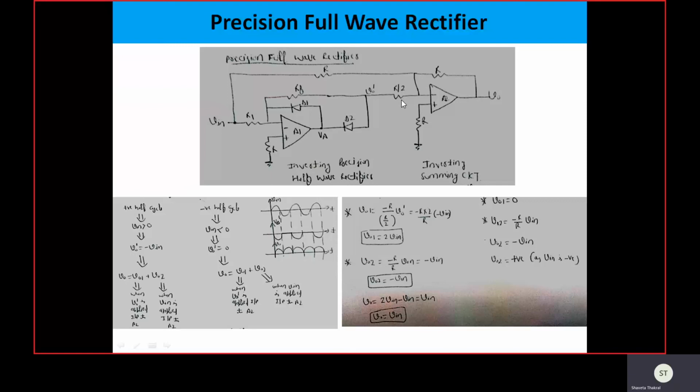This is the input resistance considered as R by 2, and this is the feedback resistance, that is R. And as per the relation, the gain in the inverting operational amplifier is minus of RF divided by R. So V naught is equal to minus of this divided by this into input, that is V naught dash. So we get V naught as minus R divided by R by 2 into V naught dash.